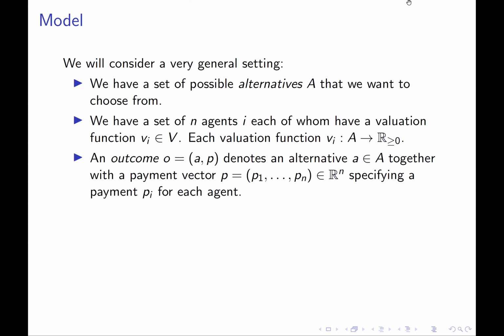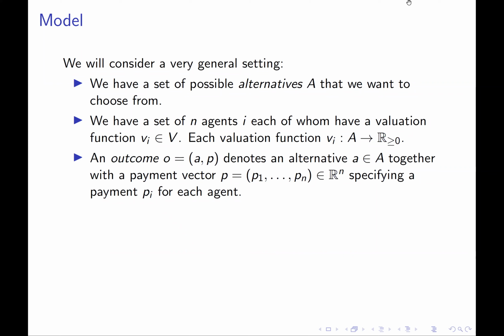So we're going to choose not just an alternative, but also a pricing scheme. And we'll call that an outcome. So an outcome is a pair of two things: one of the alternatives from our set of alternatives and a payment vector.